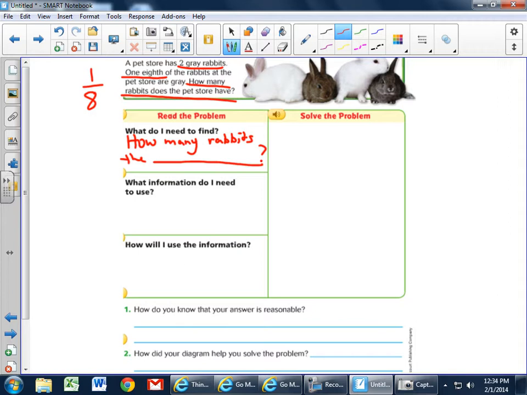That's what we underlined. So the pet store has 2 gray rabbits. One-eighth of the rabbits are gray. Yours should be written, of course, much nicer than mine.